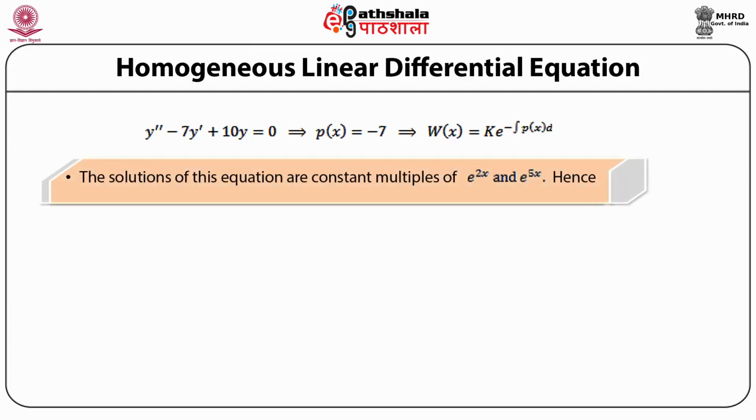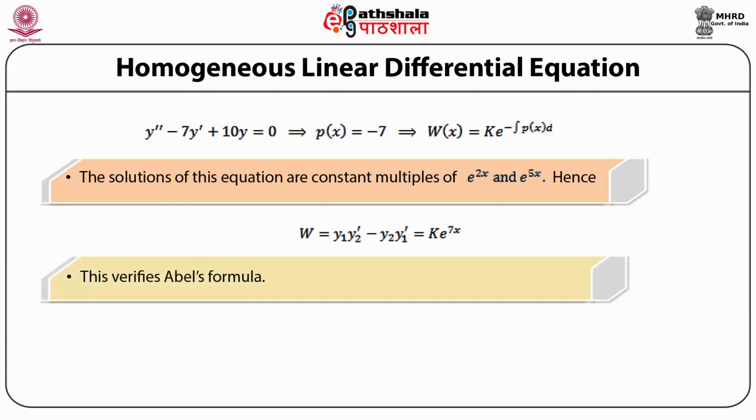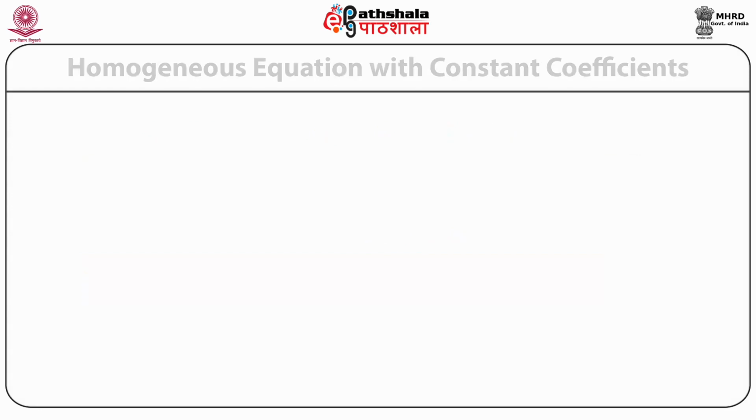The solutions of this equation are constant multiples of e raised to the power 2x and e raised to the power 5x. Hence, W is equal to y1 y2' minus y2 y1', which is equal to k times e raised to the power 7x. This verifies Abel's formula.